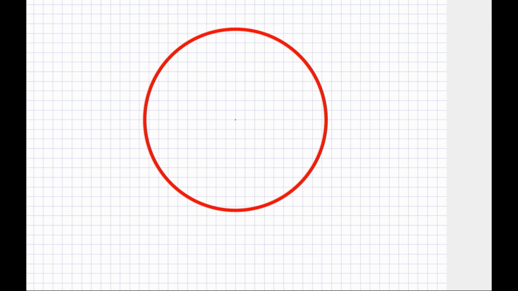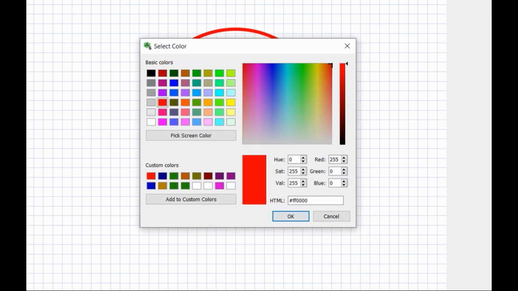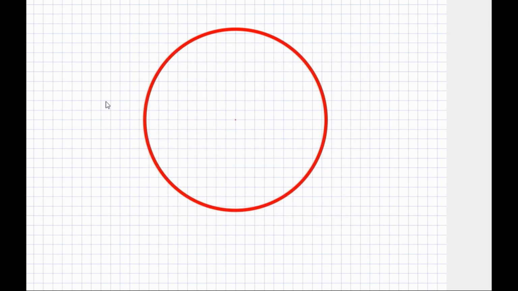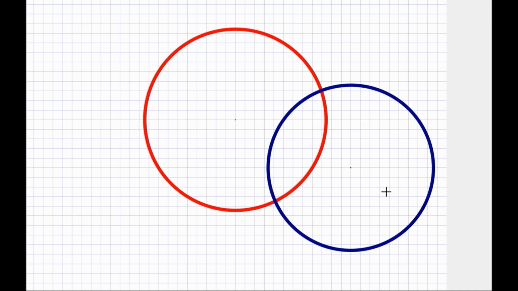Let's change the colour now. What should we go for? Let's go for blue. So it's going to be a 6 point, and it's going to be blue. Draw another circle. I'm going to try and get this to work as best as I can. Right, now let's move that so the centres are together. At least I'll try to.